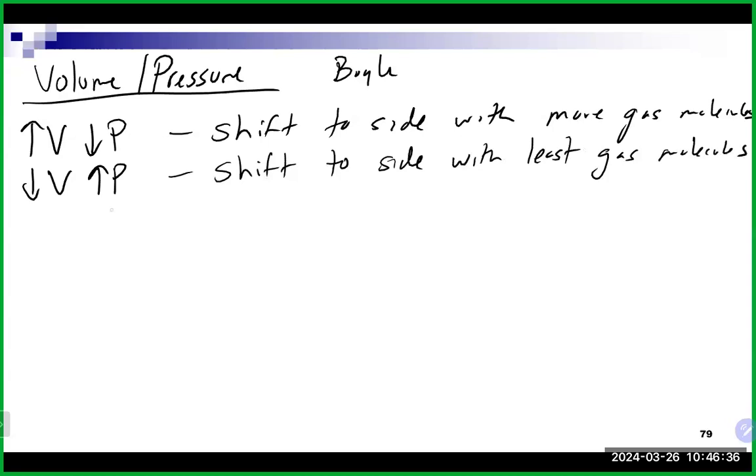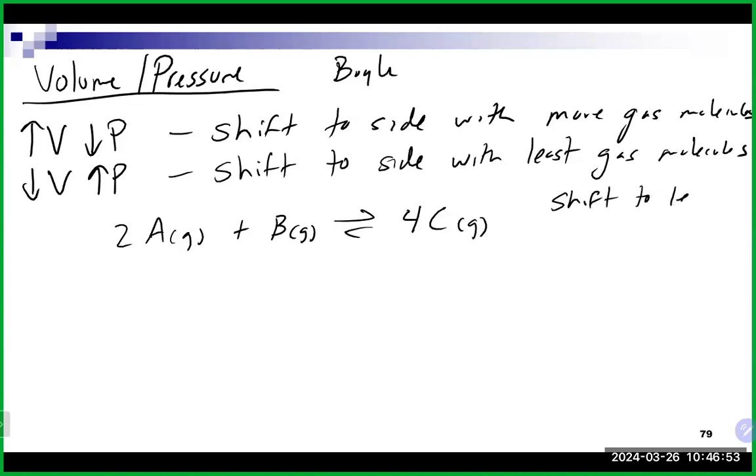So for example, here, if we had 2A plus B goes to 4C in this case. Will this shift to the left? Will it shift to the right? Or will there be no change if I do the following things here?